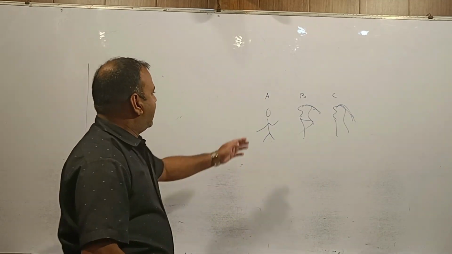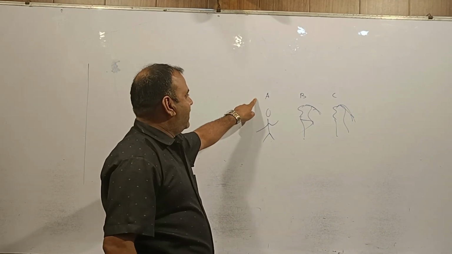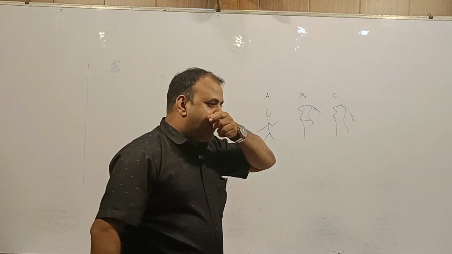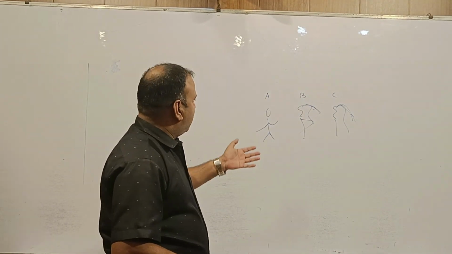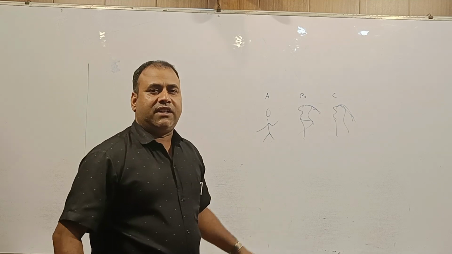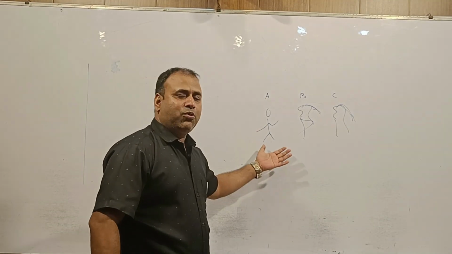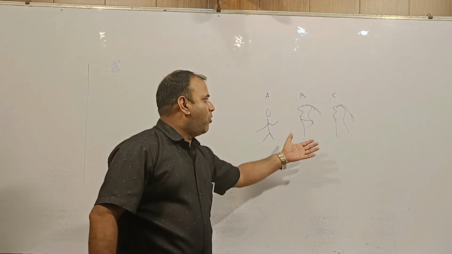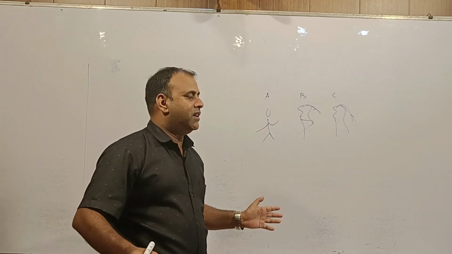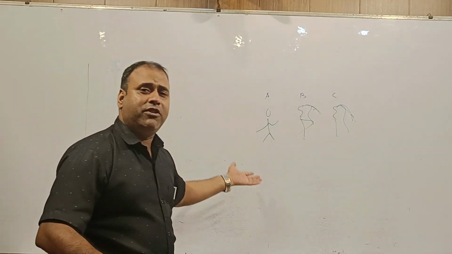So I have put three girls in front of you: A, B, C. Now tell me which girl has a good personality. Can you tell me anyone? When I ask about the three girls, all three are very beautiful. But how can you see which one is more beautiful?